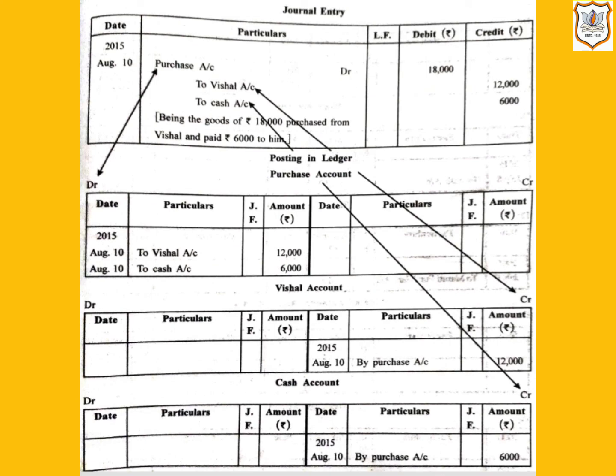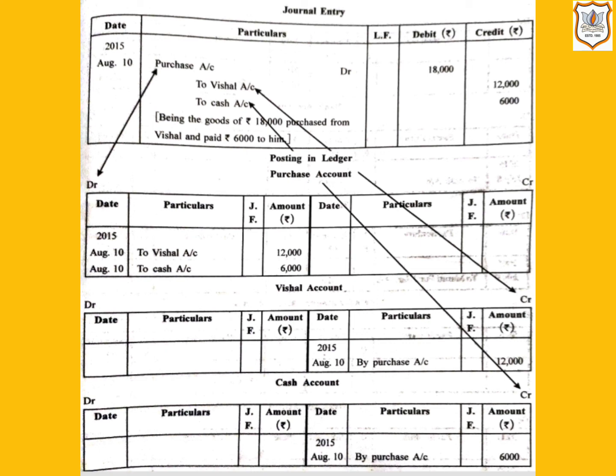Here, care should be taken regarding the amount while posting from the combined entry. As per the side of posting, whichever amount is shown against the account in journal entry, the same is to be posted in that account.